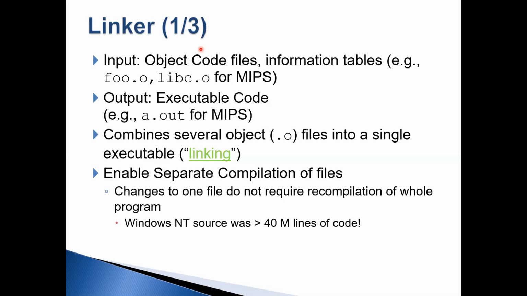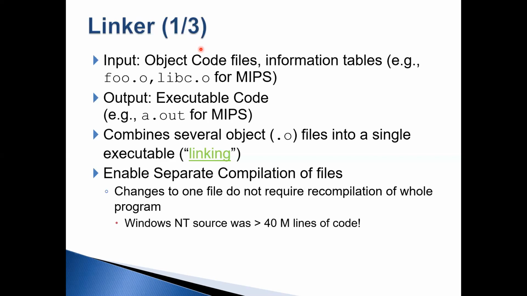For example, Windows NT has more than 40 million lines. So how many programs have you written so far since your first program, Hello World? When you add them up, I doubt it will reach 1 million lines yet. So think about 40 million lines, and Windows is an object-oriented program, so there are so many files combined together.